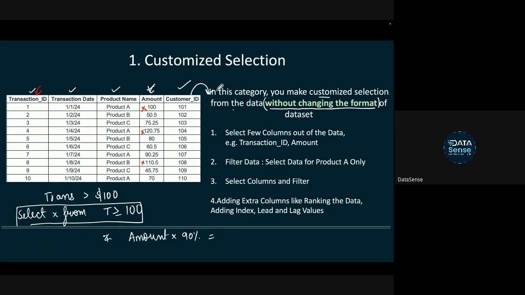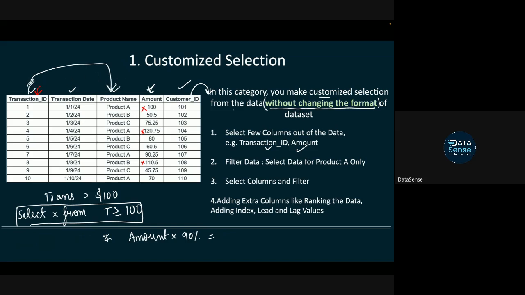No. No. So basically, there are types of questions. We'll study them in detail. There are those types of questions where you do not change the primary key. For example, select a few columns out of the data. Example, transaction ID. Let's say I ask you, select only the transaction ID and the product name. Suppose this column and this column.